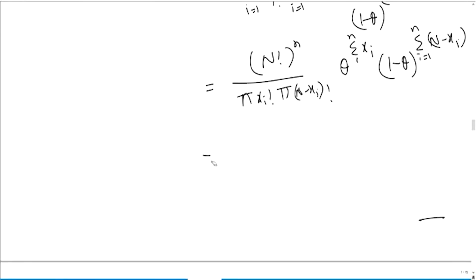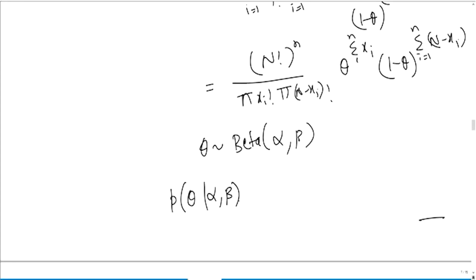So, what we are saying in our prior assumption statement is that theta comes from beta alpha beta. Okay. So, basically what we are interested in is the prior distribution of theta given these parameters alpha and beta, which we are saying is a beta distribution. So, this random variable theta has a beta distribution. So, let us write what will be the PDF of theta. Okay.